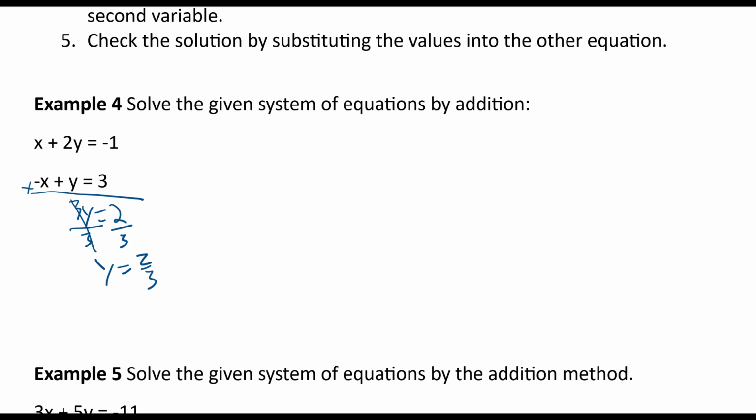Now we're going to take that and put it into one of the two equations. I'll put it in the first one. So x plus 2 times 2/3 equals -1.